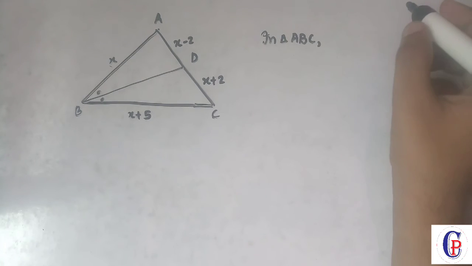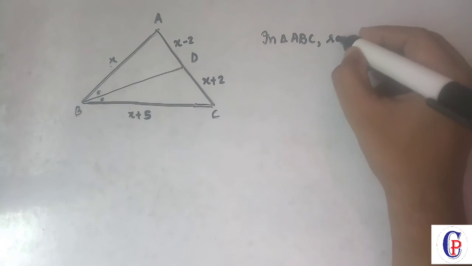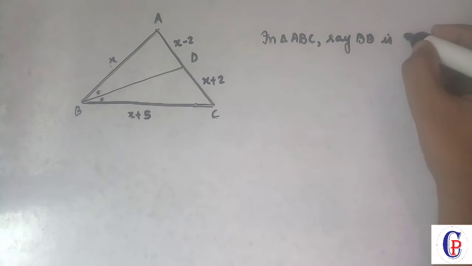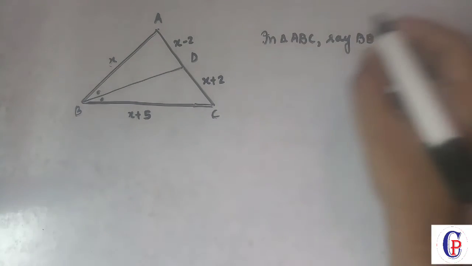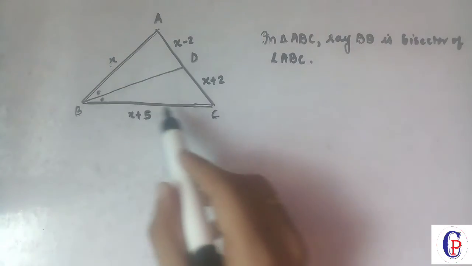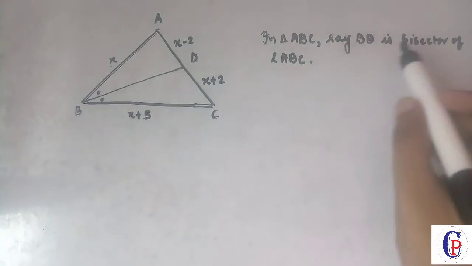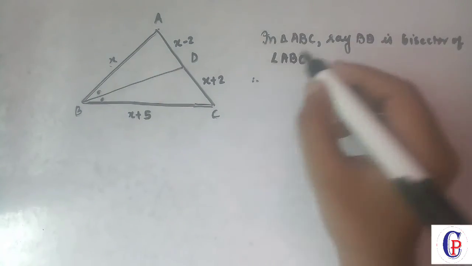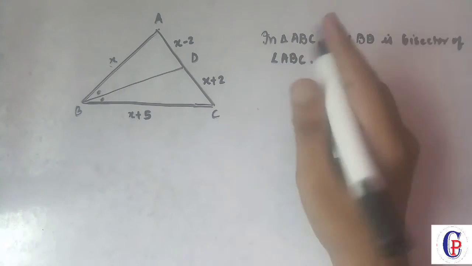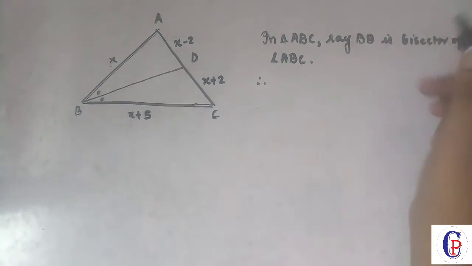So we can say here that in triangle ABC, ray BD is the bisector of angle ABC, right? So therefore we can say that, see, when do we put therefore? When we understand something from the previous statement.